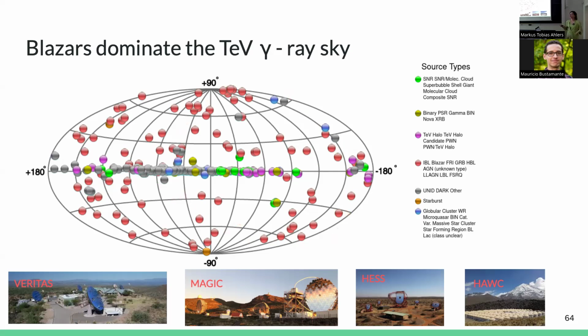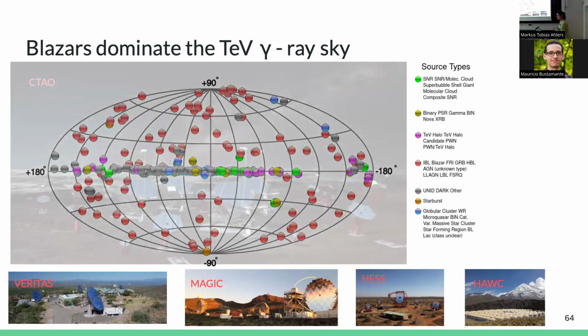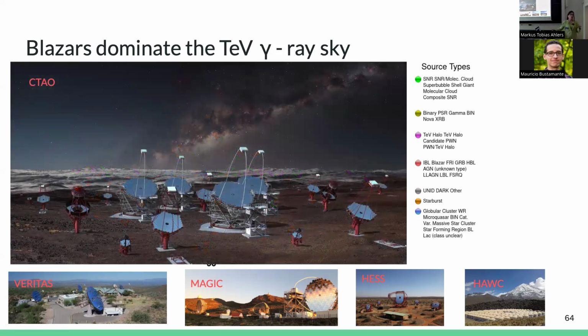All of these observations were made and discoveries with these Cherenkov telescopes that we have available. But the plan and the hope is actually to augment the number of TeV blazars that we detect with CTAO. And hopefully in the 30s, we are going to have many more detections in order to better understand also the TeV emission of these objects.